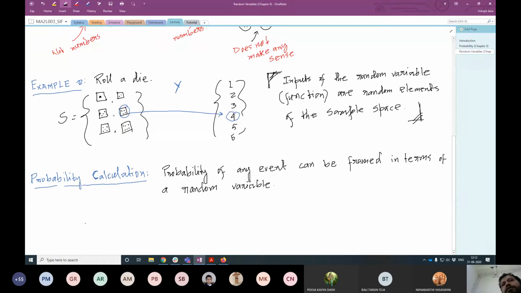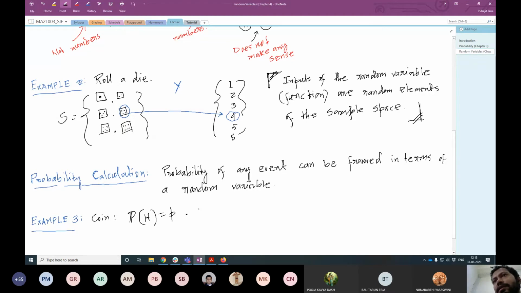Okay. So let's do the first example of this kind. So example 3. Suppose you have a coin, and this is an unfair coin. Probability of getting head is p, and probability of getting tail is 1 minus p.